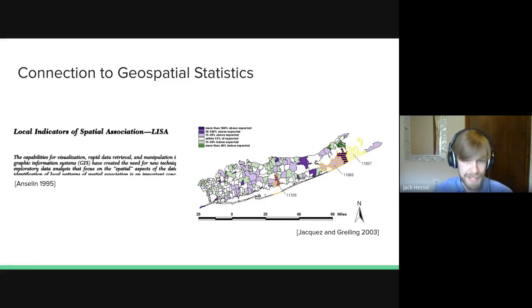One first pass thing researchers in geospatial statistics want to know is, do cancer rates on Long Island have a spatial correlation? And indeed, there's a number of statistics, for example, this LISA statistic, that can provide some insight into whether or not this is clustering. And our method of measuring concreteness in this high-dimensional image feature space can be viewed as sort of a high-dimensional extension of these geospatial statistics tools.